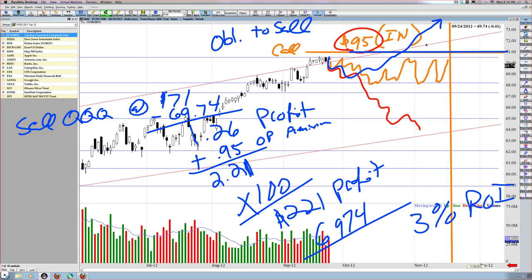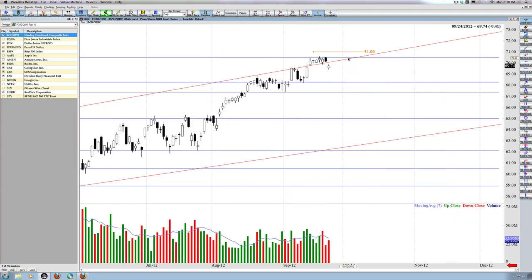That's if the Qs go higher. So if the Qs go higher and on November, the third Friday in November at expiration, the Qs close above $71, Tom, you're going to sell your Qs for $71. You'll keep all of the option premium, the $95 from the option premium. You'll have a 3% profit in about a month and a half. Okay? Now, if the Qs stay flat, you'll keep your 95 cents, plus you'll keep the Qs.